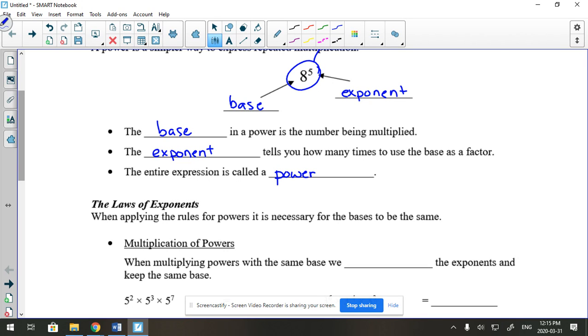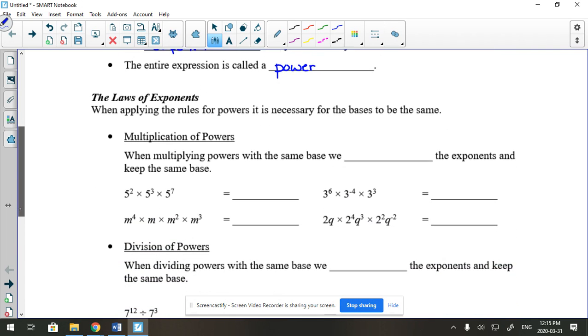I won't go through all the examples, but here are the things you'll need to remember. Keep in mind that when applying the rules for powers, it is necessary for the bases to be the same. If they're not the same, then these rules do not apply. First is the multiplication of powers.